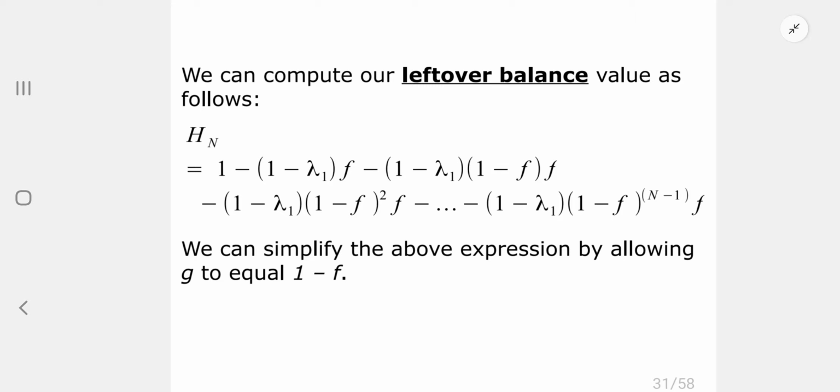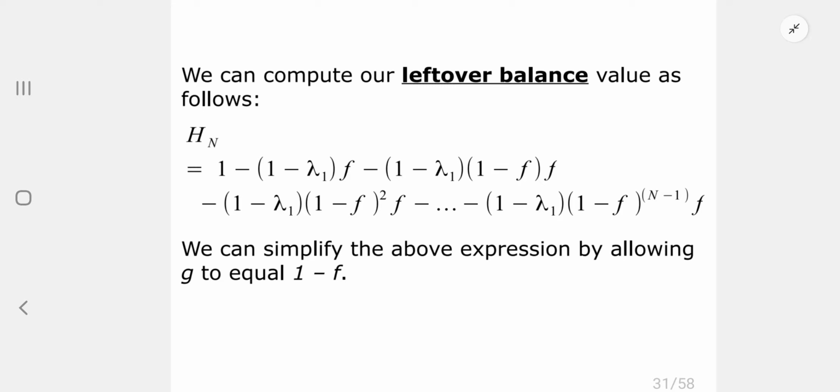Hn equals 1 minus (1 minus lambda 1) times small f, minus (1 minus lambda 1) times (1 minus small f) times f, minus (1 minus lambda 1) times (1 minus small f) squared times small f, minus all the way until (1 minus lambda 1) times (1 minus small f) to the power of n minus 1 times small f.